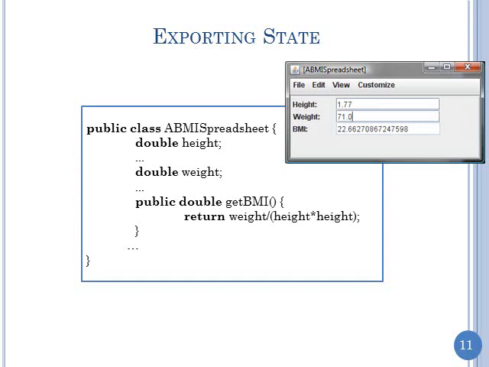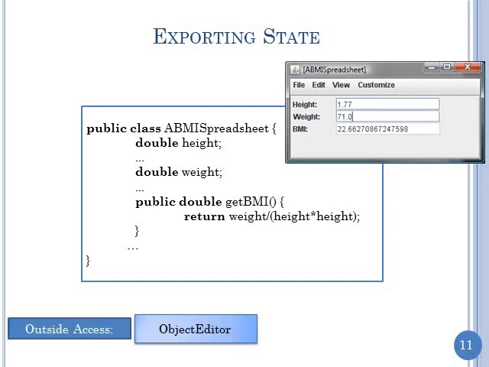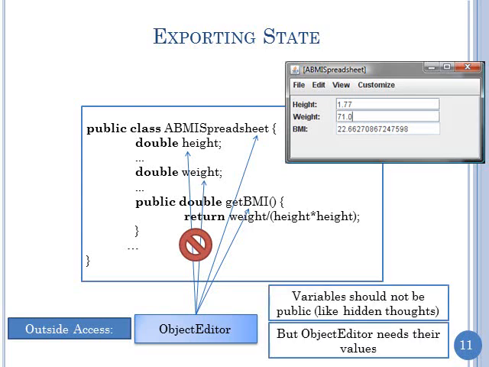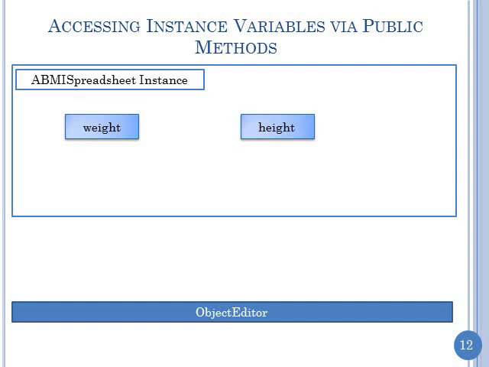And given the nomenclature we have here, the getter method seems more reasonable, right? So outside access by object editor is not allowed, because we have this thing against public variables. Variables should not be public, like hidden thoughts, but object editor needs their values. So we'll define a getWeight.